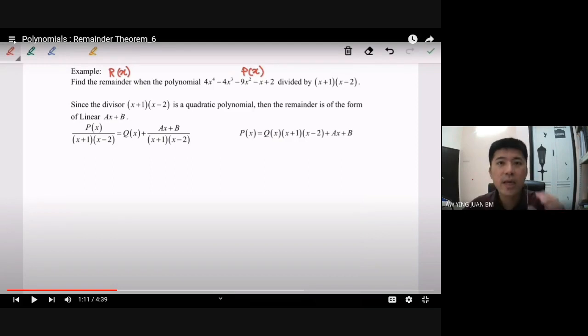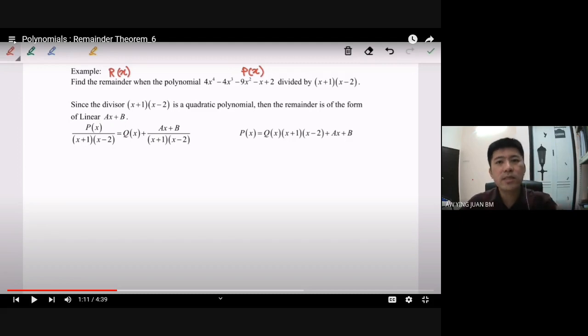Take note. Okay, take note. Kalau quadratic mesti linear, kalau linear mesti constant. Ayat dia. So take note, ini kita panggil form yang pertama.